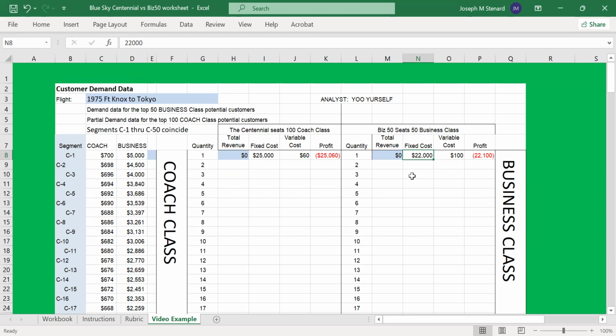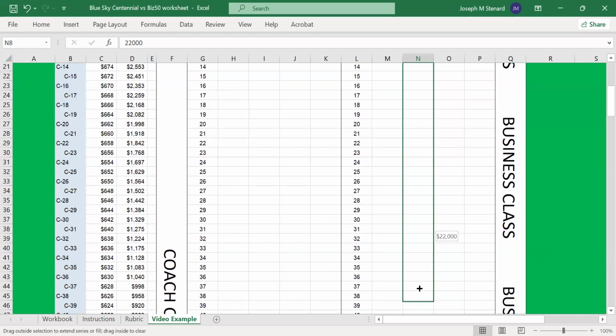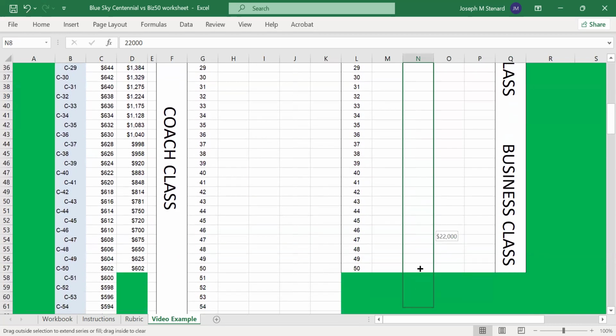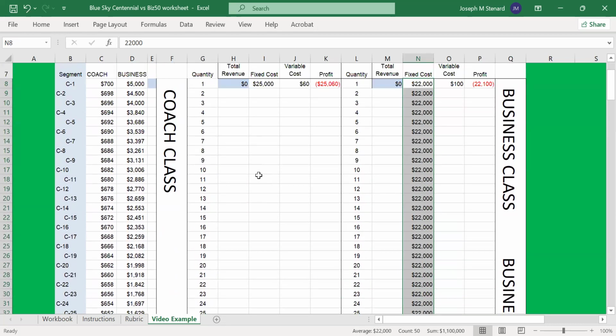So pay careful attention to your scenario. But for this scenario, the flight 1975 Fort Knox to Tokyo, they incur $22,000 in fixed costs no matter how many passengers they have. So we'll fill that part in.